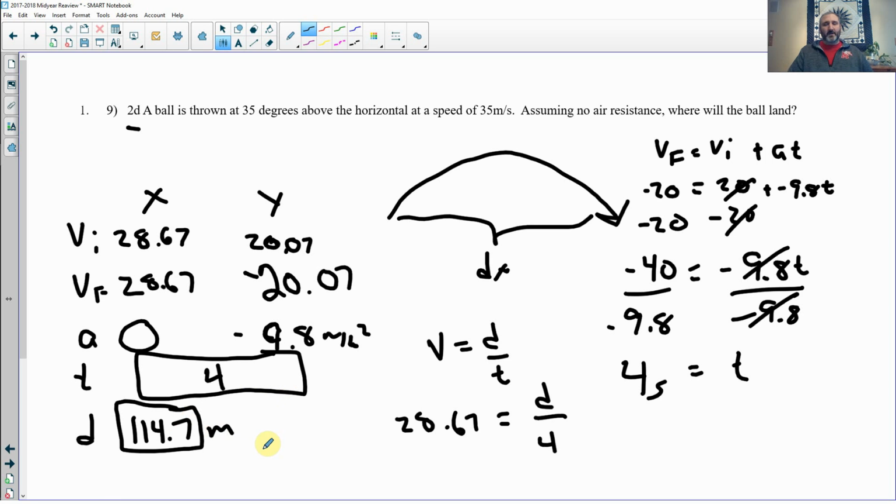So that's how far away it'll land. I hope that made sense. I hope you remember this, because this is something that you will see pretty often on the Midyear. Using your Y stuff to get your X stuff is what we like to do. And you'll see that in the next couple of questions too.